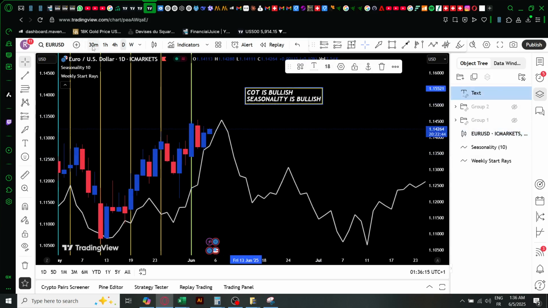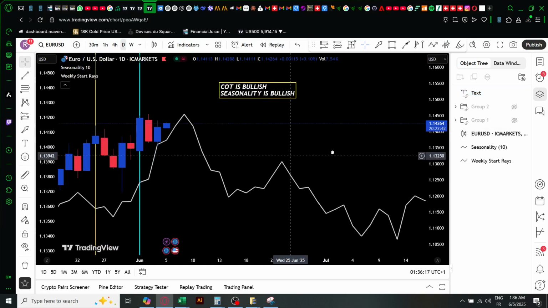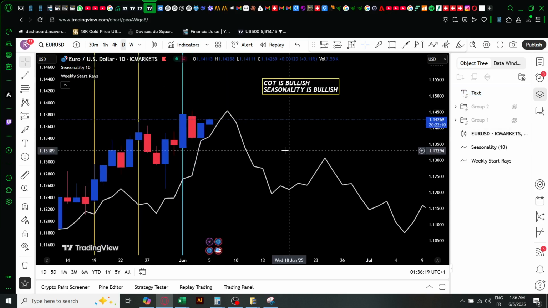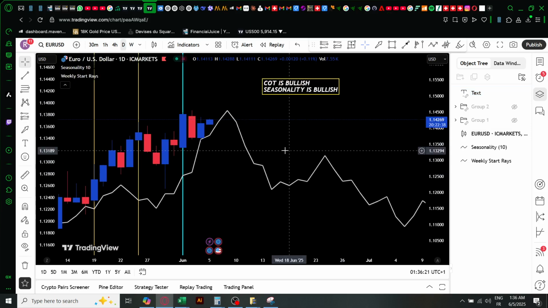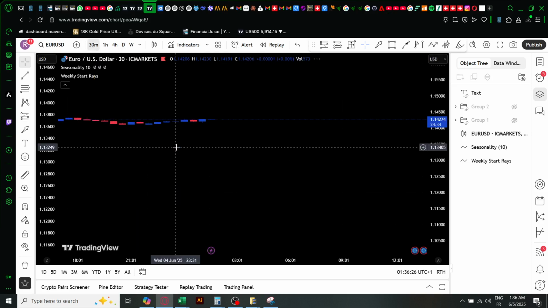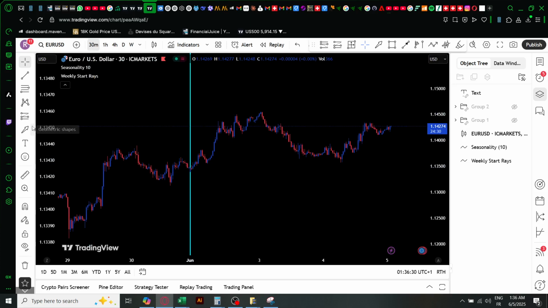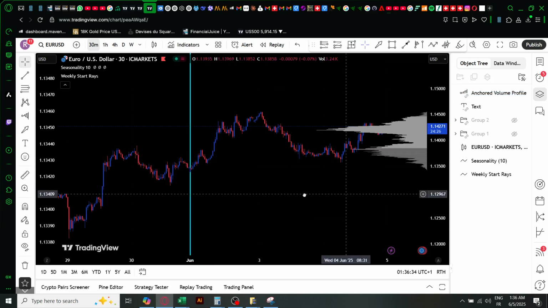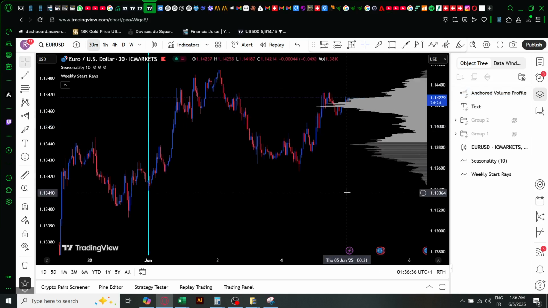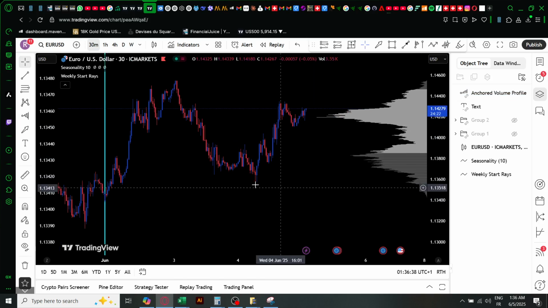And now what we're going to do is try to find any bullish moves to enter with. The first thing to do is I like to mark my anchored volume profile, and we can see it over here. So how do we use volume profile?